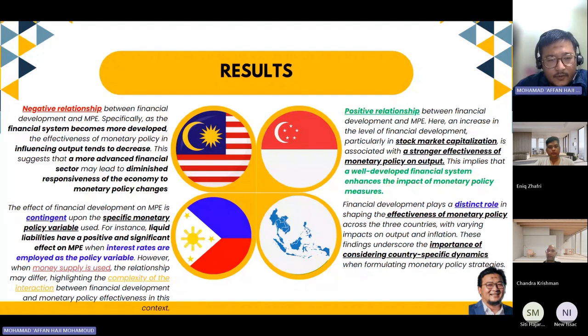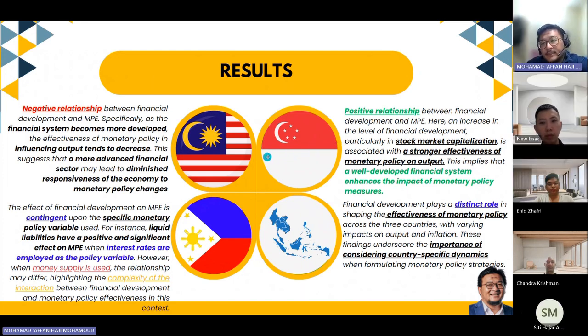On the other hand, the result of this monetary policy effectiveness relationship with financial development shows an impact on the inflation rate for Malaysia. Going towards Singapore, it has a positive relationship between financial development and the MPE.